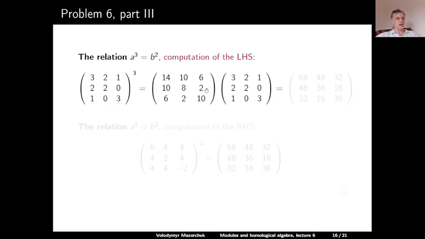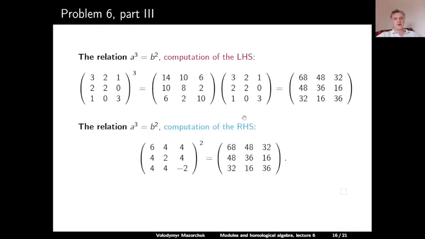And now if we multiply this matrix with the original matrix again, we get (68, 48, 32; 48, 36, 16; 32, 16, 36). And similarly now we have to compute the right-hand side, the square of the second matrix, and we claim that it is equal to the same matrix, 68, 48, and so on.